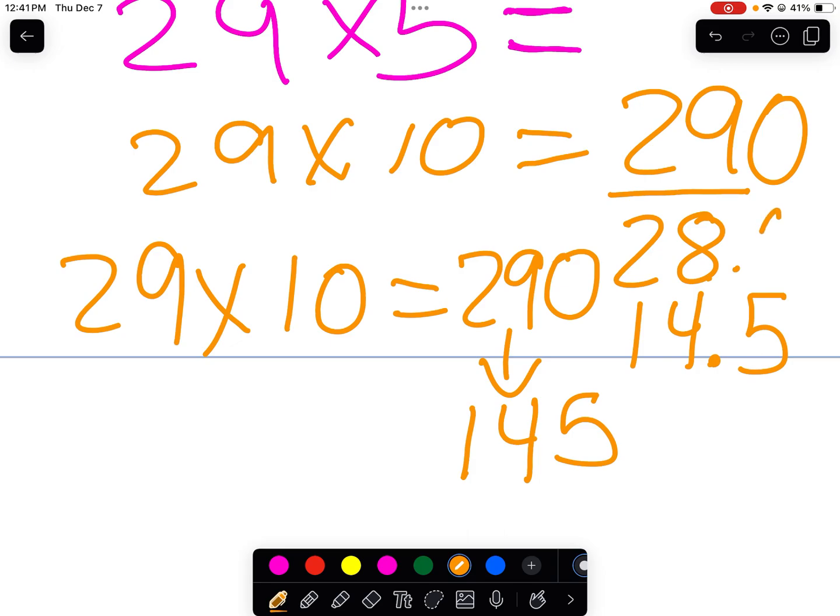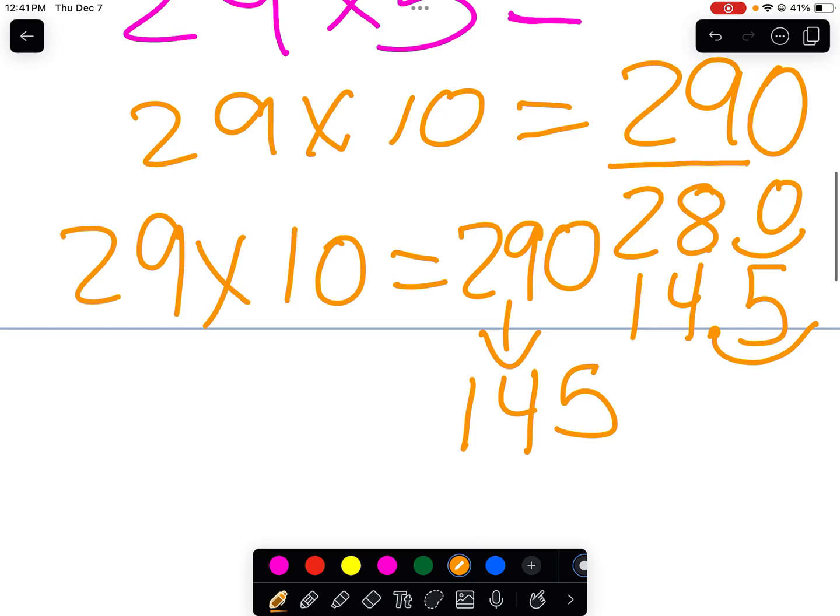We divided it by 2. But we need to move the decimal point over. I hope I haven't lost you here. But like I said, this all takes practice, and this is meant to be just a quick introduction to this strategy. So what I have figured out is 29 times 5 is 145 using this method.